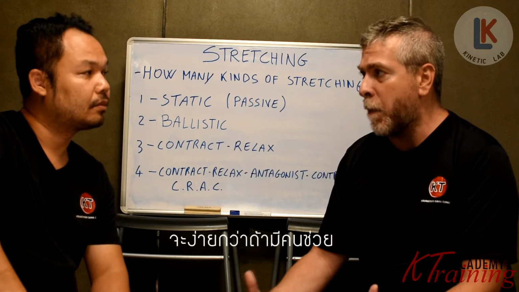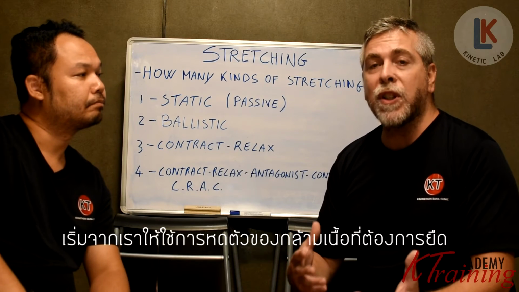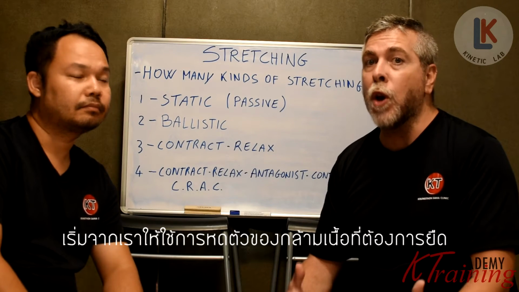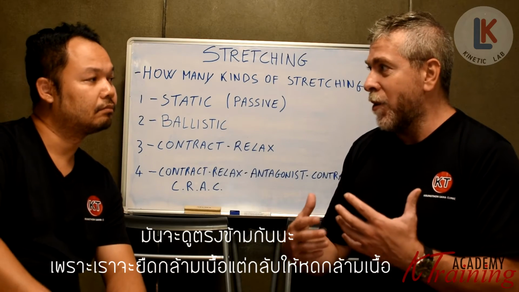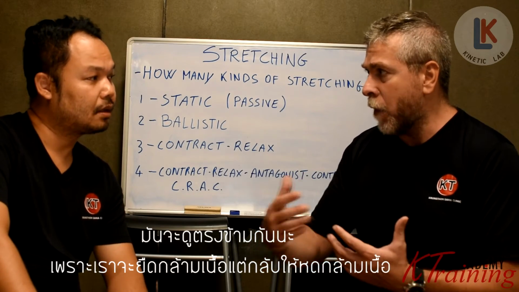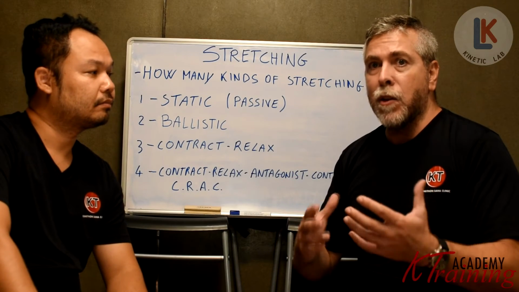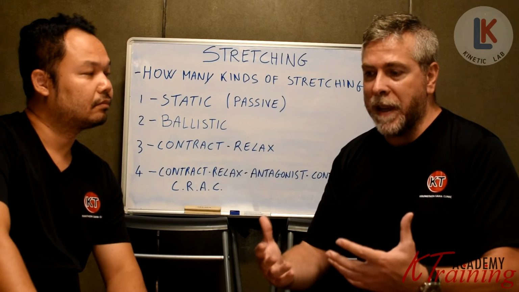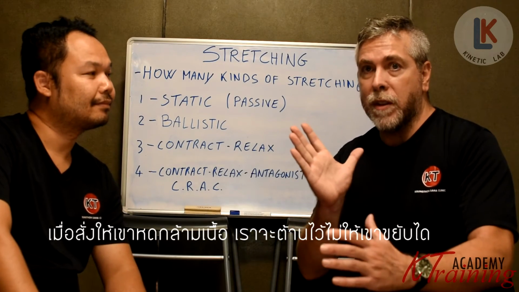It's easier if you have a partner helping you. So you ask for the contraction of the muscle that you want to lengthen. It's counterintuitive because you want to lengthen the muscle, but you ask for the contraction. What happens when you contract the muscle? When your partner contracts the muscle, you hold the muscle.